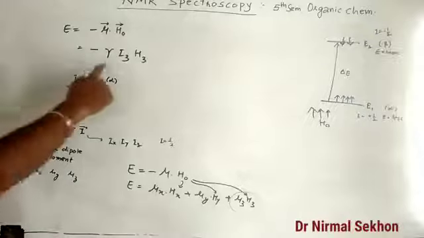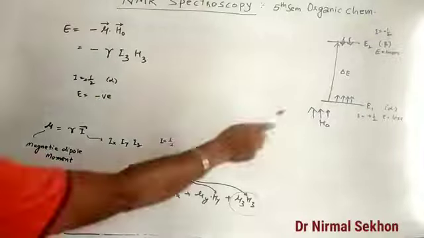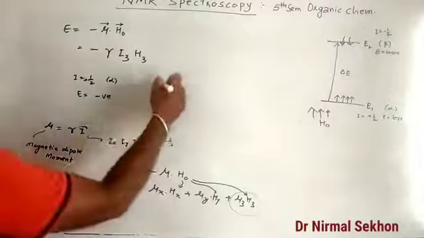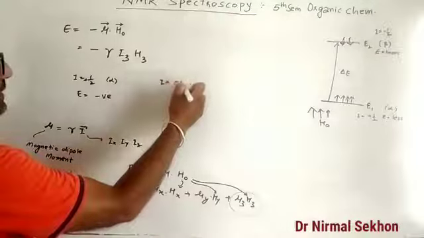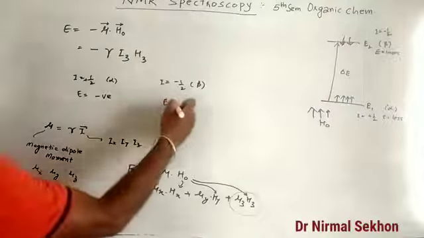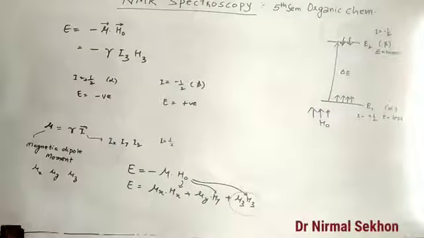Negative means the energy is lower, as we can see here. So the alpha state has lower energy. When we put I as minus half, which we designate as beta, then the energy becomes positive, because minus times minus is plus. That is why the energy of beta is more than alpha.